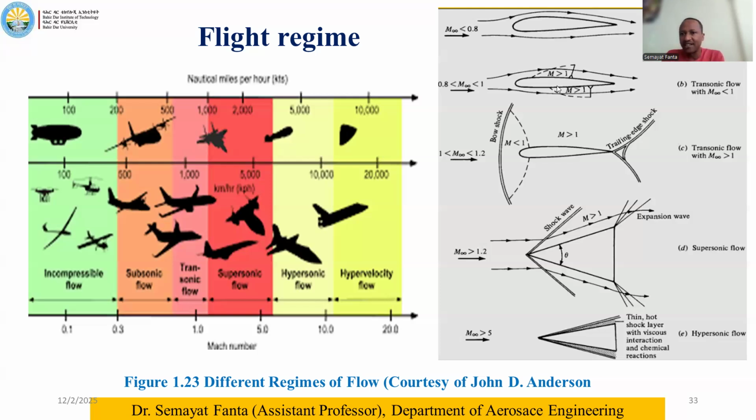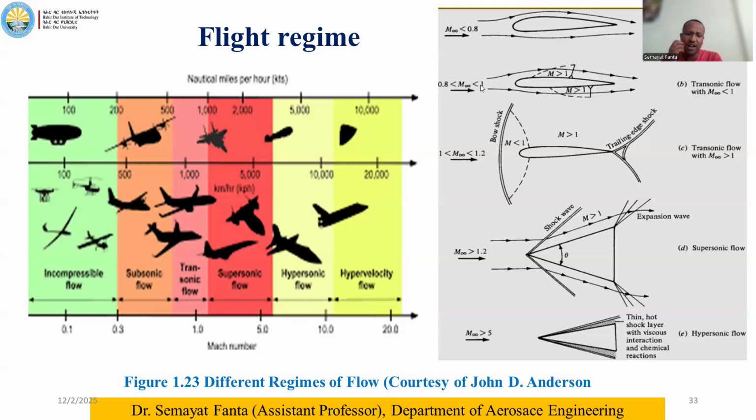Within this region, there is also another important aspect, which is called the drag divergence Mach number. The Mach number from 0.8 up to 1 is called the drag divergence Mach number.